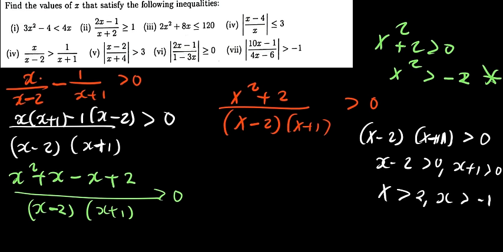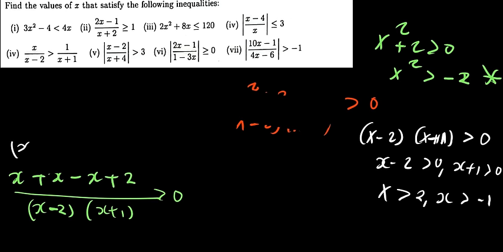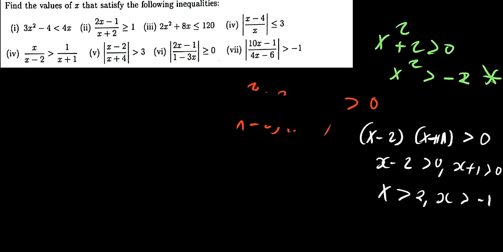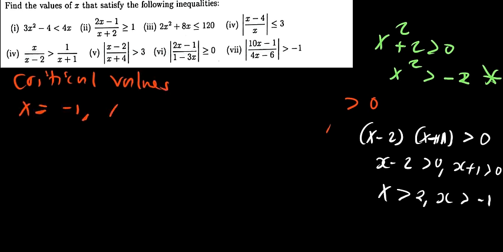It's making sense now. I should come here and write my critical values. X is equal to negative 1 and x is equal to 2. Those are my critical values.